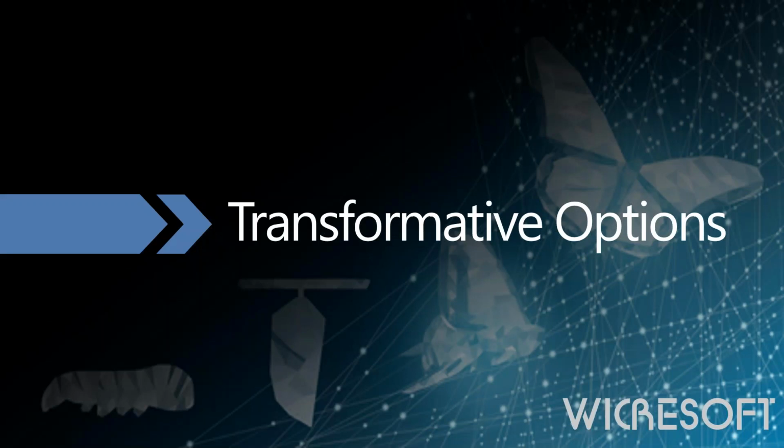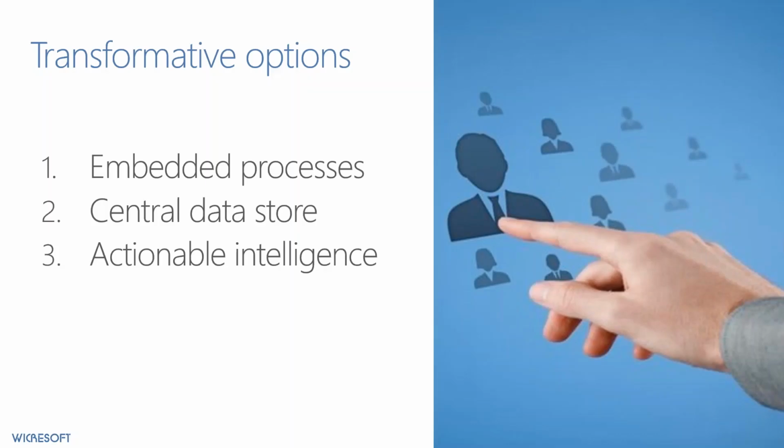So more transformative options that we have is really about embedding our processes into a common solution, something with a central database repository that isn't disconnected from the rest of the project and portfolio management process.